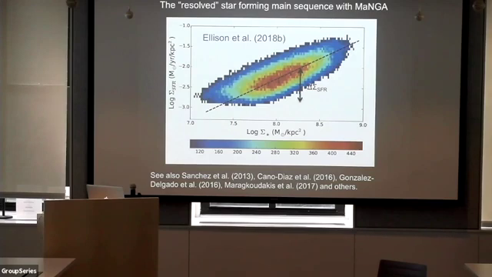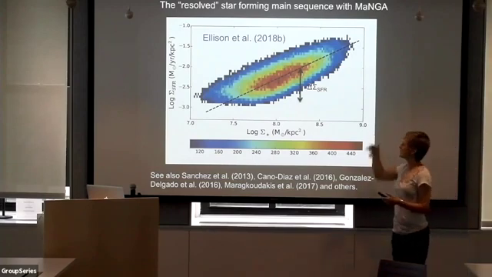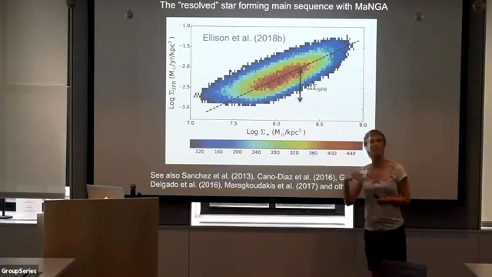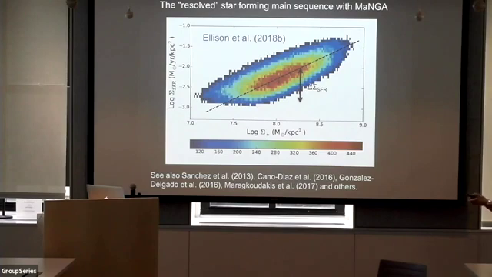And then if it's above that line, it has a positive delta sigma SFR, so it's star forming at a greater rate than I would expect for its stellar mass. And if it has a negative value, it is star forming at a lower rate than I would expect for its stellar mass. You can also match in other properties. For example, you can make sure you match your spaxels not just in stellar mass, but also in radial position, in bulge fraction, and total stellar mass as well.